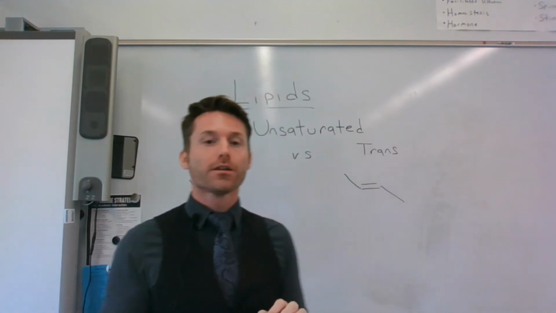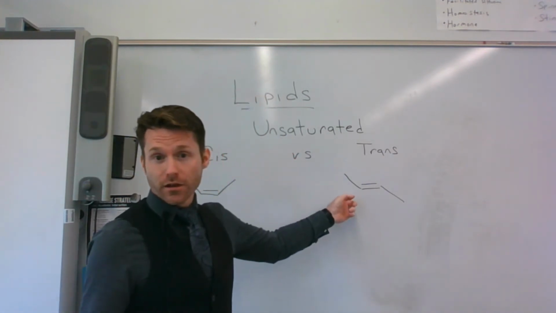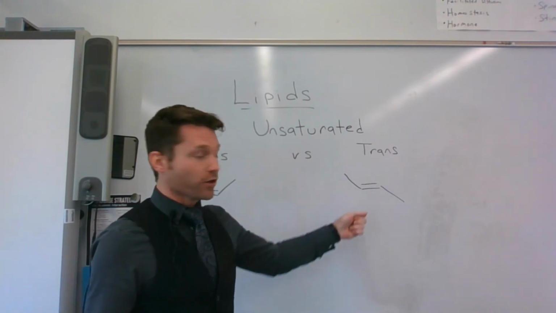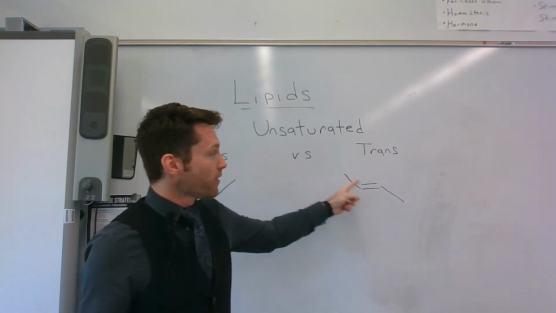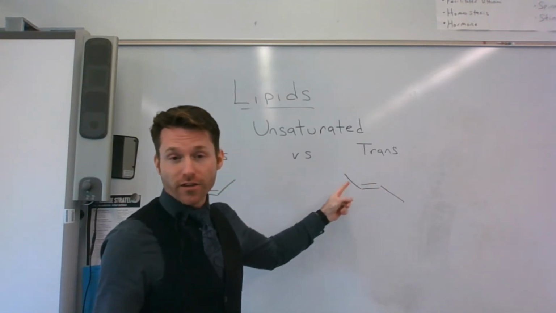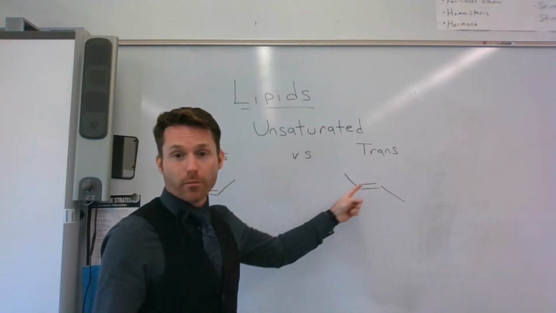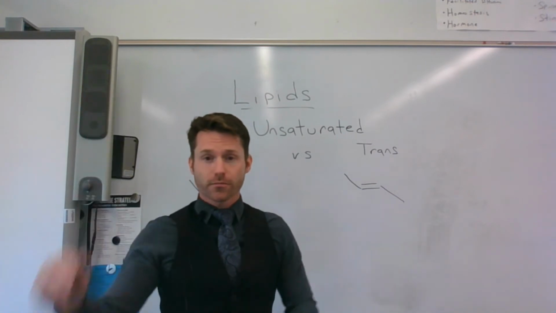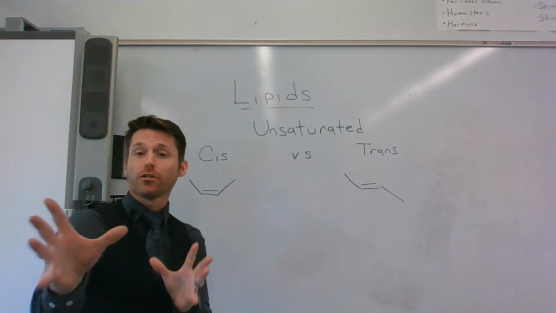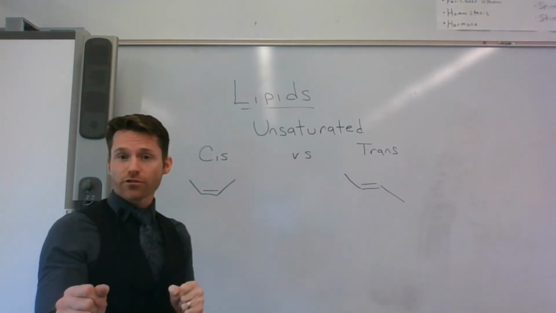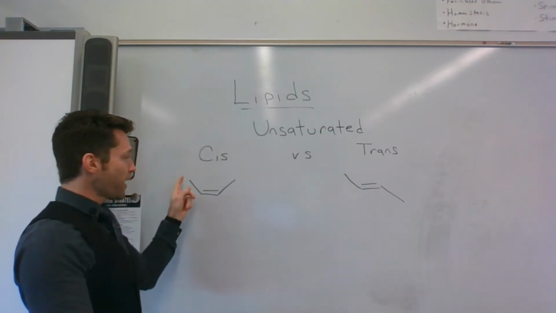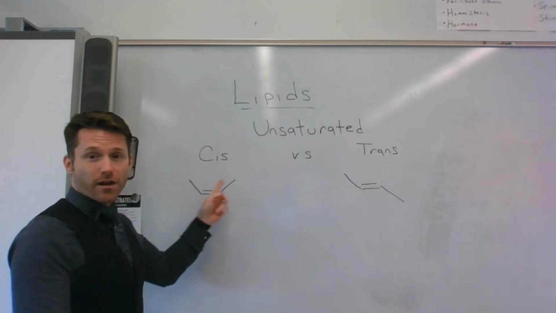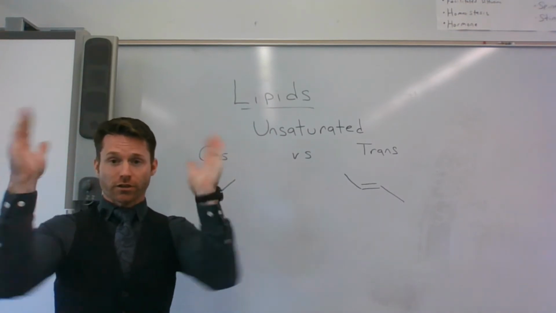Okay? So the trans unsaturated fats have a trans double bond. And a trans double bond is when the carbon peaks on the opposite sides of the double bond go in opposite directions. Now the typical natural unsaturated fat has a cis double bond. That's where the peaks on either side of the double bond go in the same direction.